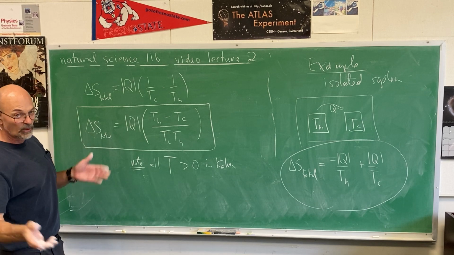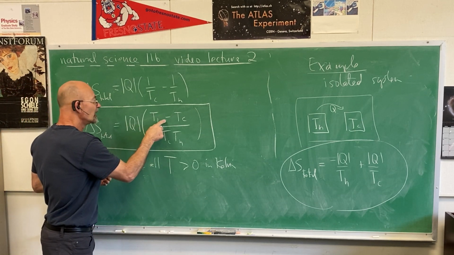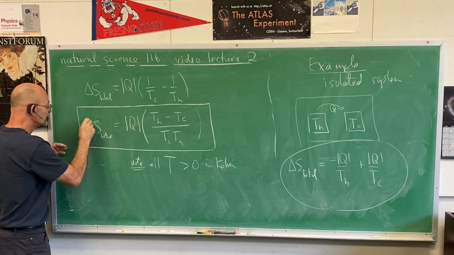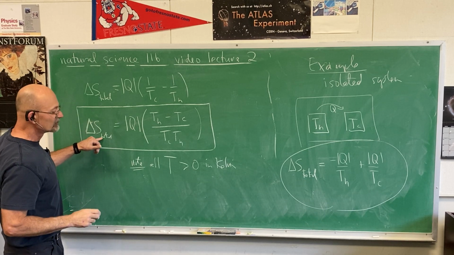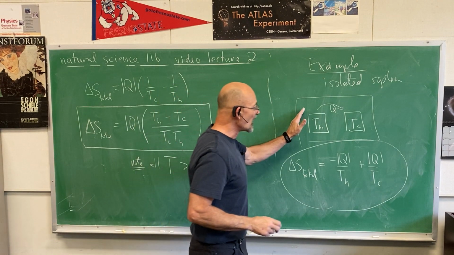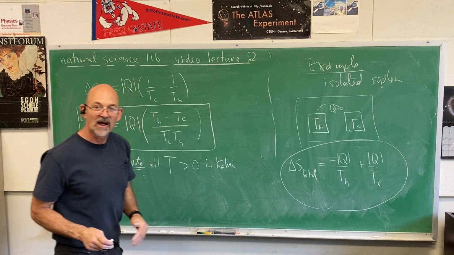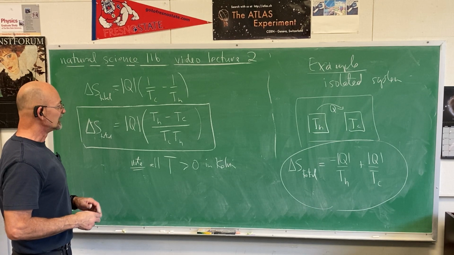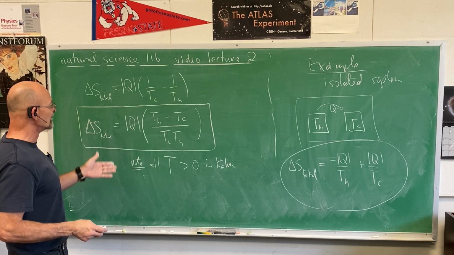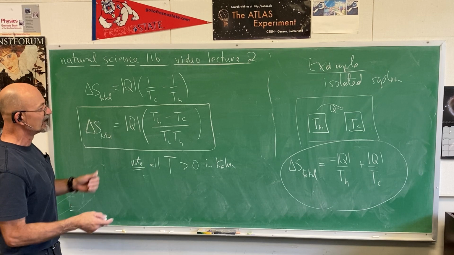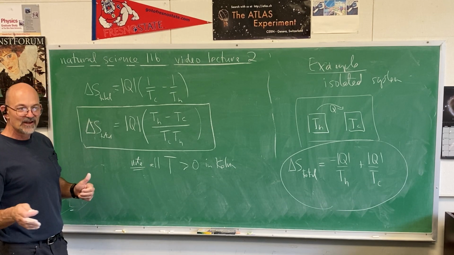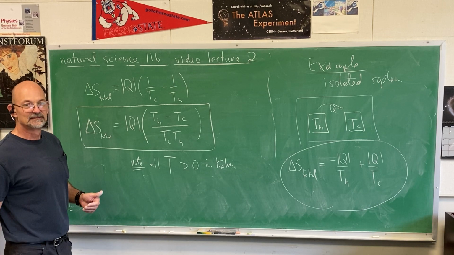But the point is, of course, even stronger. This thing is always positive. So delta S total is always positive when energy flows from hot to cold. That's a law of nature. And this thing can be formulated as a law of nature. We can say for an isolated system, the entropy always increases.